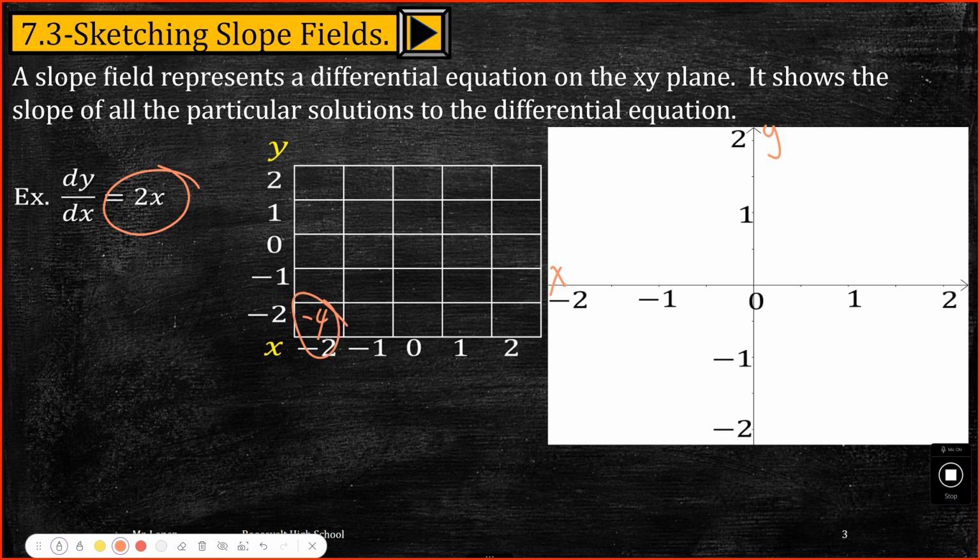It's going to be down 1, 2, 3, 4 over 1. So the slope is like this. We're not going to do the whole thing. We're just going to say at -2, the slope is, we do a little dash line like that, meaning that the slope at that point is about that.